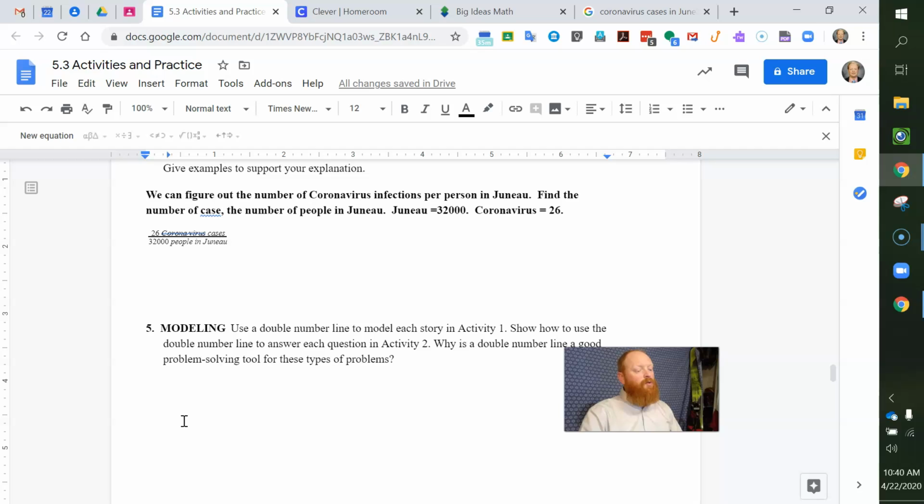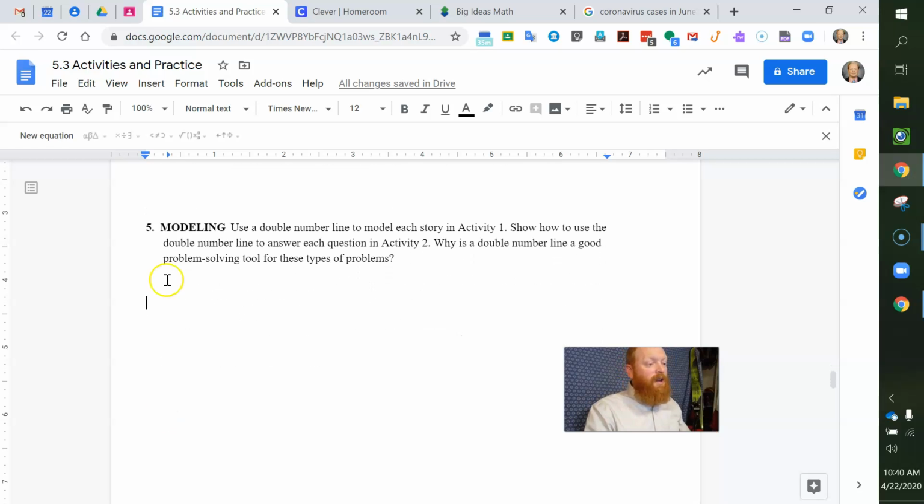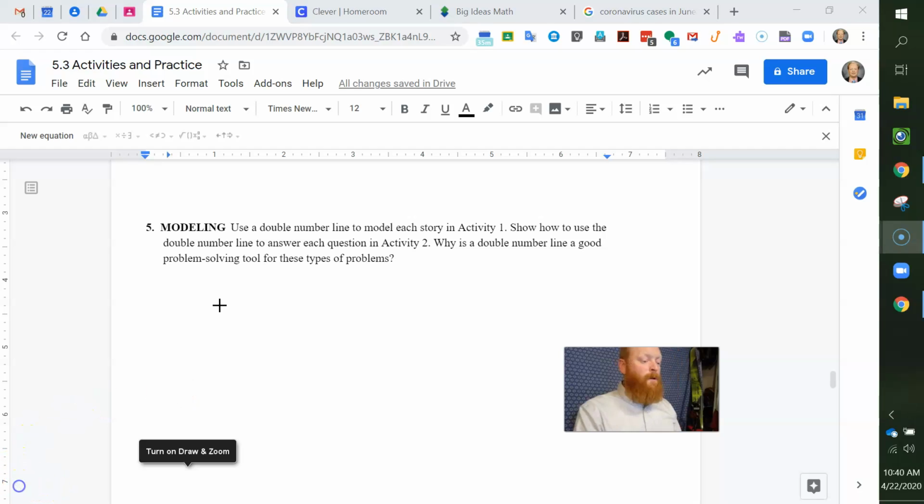Okay. So we would use a double number line, and I'm going to draw this out using that drawing tool again, which is going to make my face go away. Okay, so we're back. My face is gone. That's why I was confused. Okay, so we would have 0 cases of coronavirus, and then we would have the date, or I'm going to say number of days.